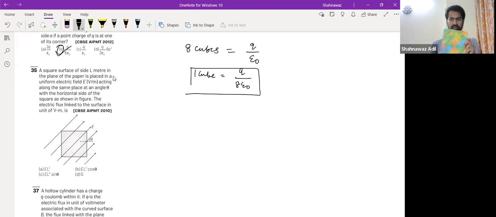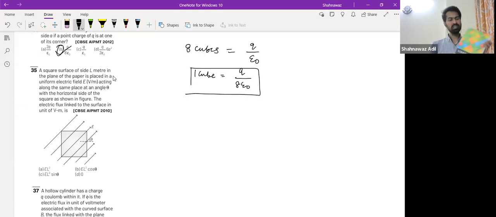Am I audible, guys? Yes, sir, you're audible. So what is the direction of this surface area vector? That would be this, perpendicular to this plane, right?